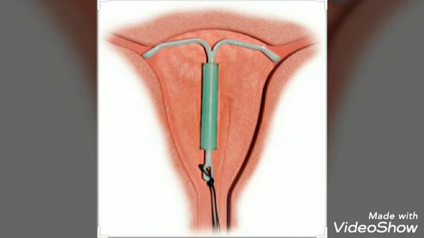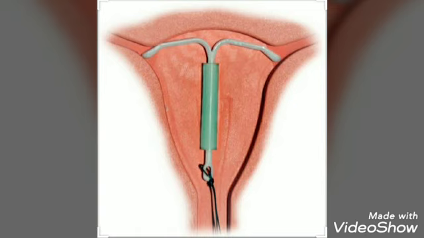The second type of mechanical method is intrauterine contraceptive devices, also known as IUCDs. The use of an intrauterine contraceptive device called copper T is also very effective in preventing pregnancy. A copper T is placed inside the uterus by a doctor or a trained nurse.